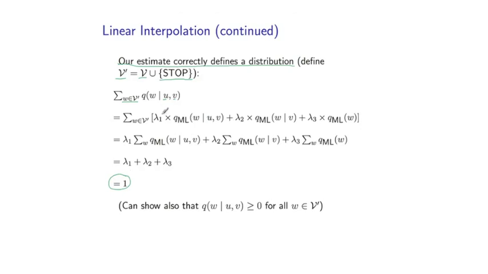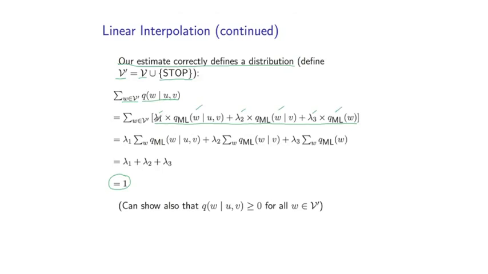So here are the steps in proving this property. What I've done here is substituted for Q the expression I just showed you on the previous slide. So this is the interpolated estimate. So I have lambda 1, lambda 2, lambda 3, these three parameters dictating the relative weight of the three estimates, and I have my three maximum likelihood estimates, the trigram, bigram, unigram estimate.